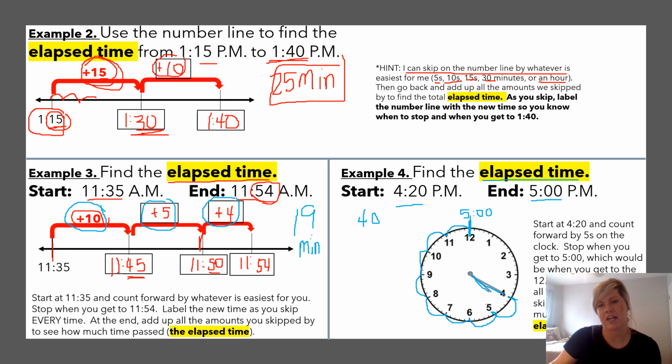So I didn't have to say 25, 30, 35, 40, 45, 50, 55, 60, and then go back and count up the time in minutes. I marked off where I needed to end. So then I could just count by 5s to get my elapsed time, making sure I stopped at that point that I marked at the beginning. Okay, so 40 minutes is your elapsed time.